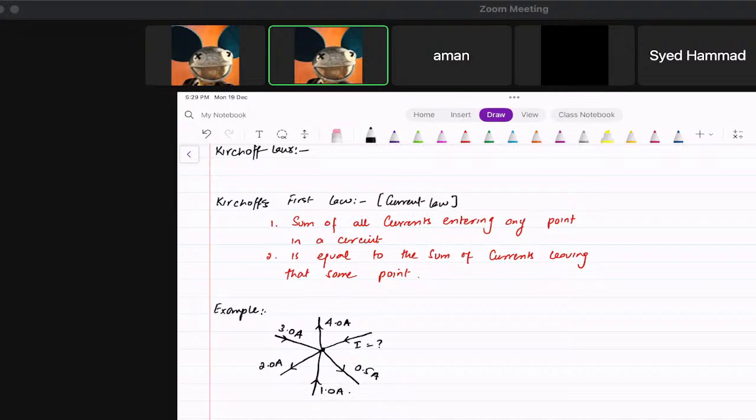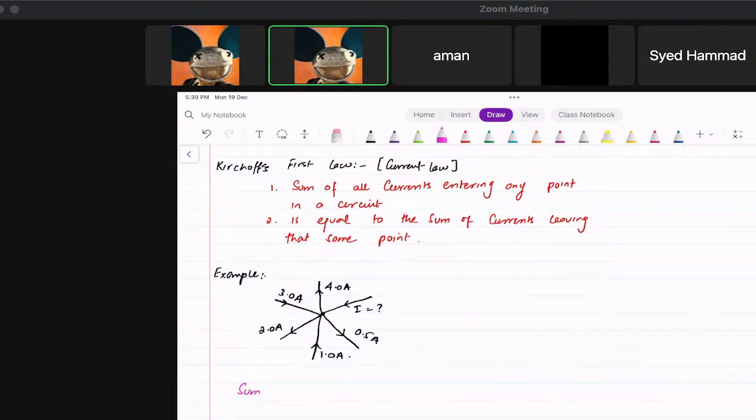So what you should remember is that the sum of currents entering, this is the junction, would be 3 and 1, and that's it, right?